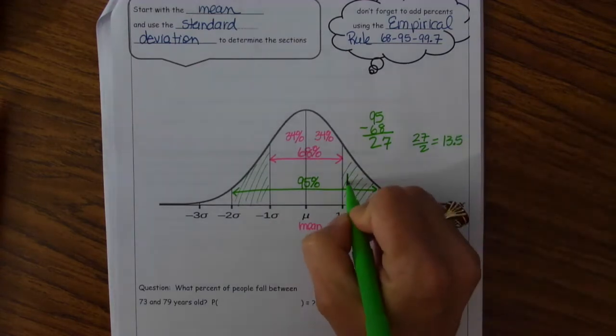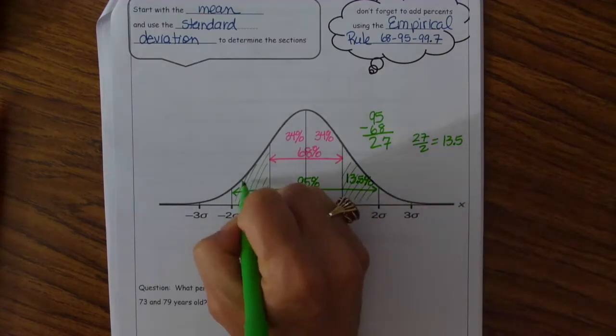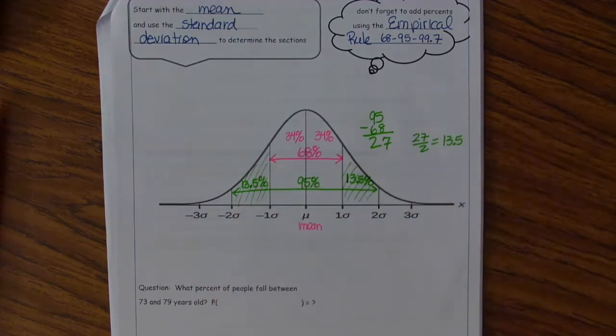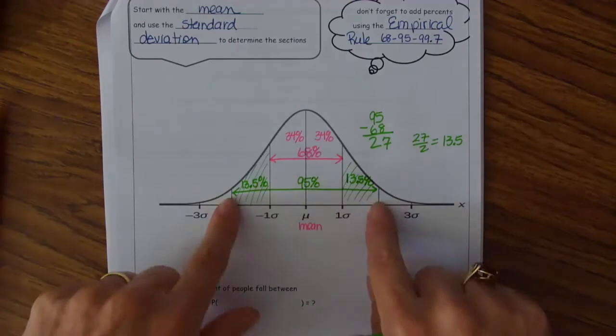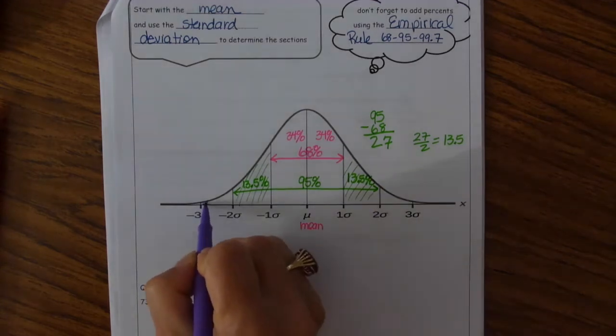So that leaves 13.5%, 13.5%. Does that make sense so far? Does that blow your mind a little bit to know that if I were to pick up IQ scores, 95% of the population would be within two standard deviations? That's really cool.